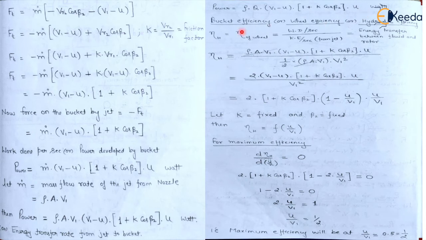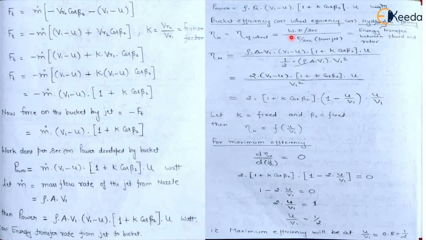Now let's see what is the bucket efficiency, or wheel efficiency, or hydraulic efficiency. The hydraulic efficiency will be equal to the ratio of work done per second produced by the bucket to the energy input. Efficiency is output by input. In this case, output is the work done per second, and input is the kinetic energy from the nozzle.